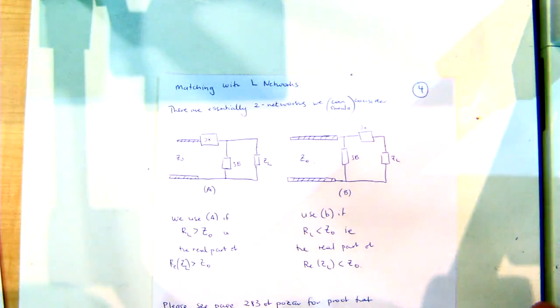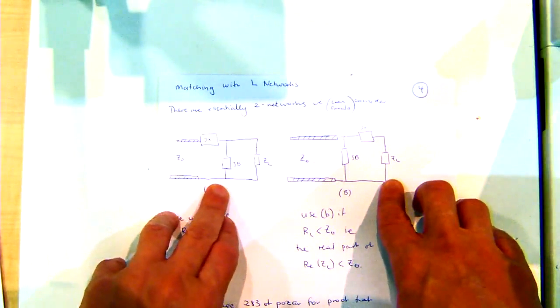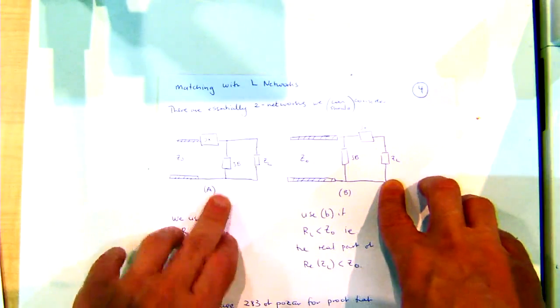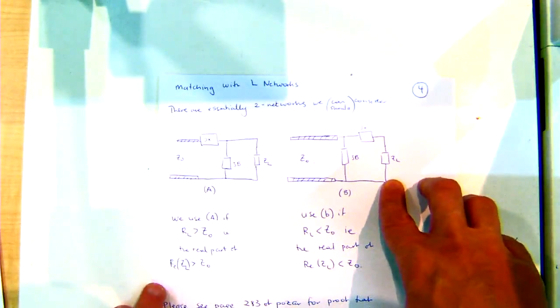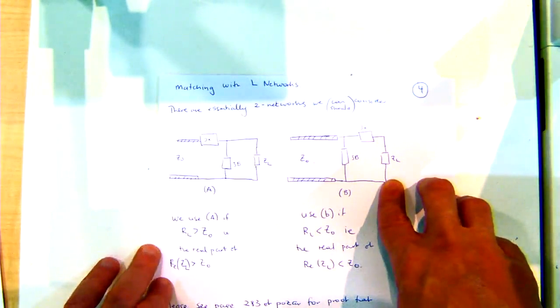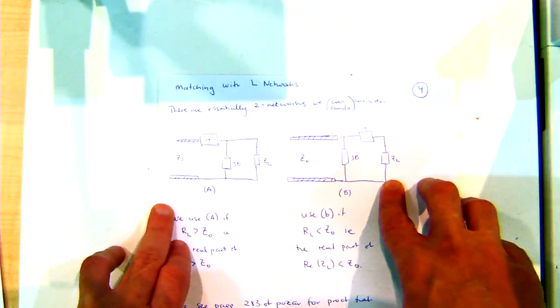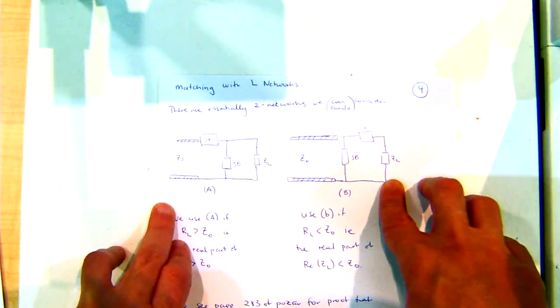I'm giving you a simple rule of when to use which one of these two networks. The reason for that was, depending on which network you choose, there may or may not be a solution. But if you choose them the way that I've suggested, you are guaranteed to always have a solution.